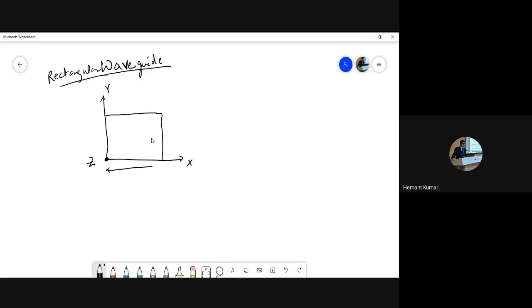This is the, you can say, width, generally represented by A. This is represented by B, and its length is this, along Z. This is its length, so a small L you can write. So the dimensions are generally represented by A cross B, X dimension by Y dimension. Generally, A is equal to 2B.